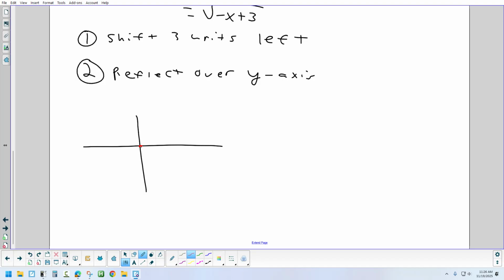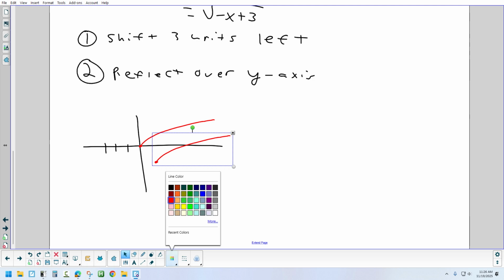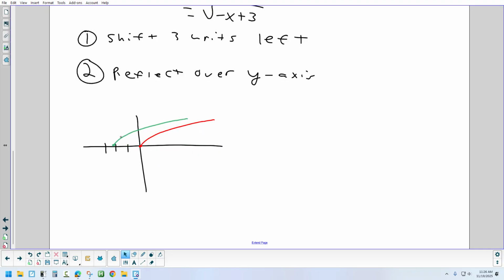So this is what a square root would look like. What's the first thing we're doing to that graph? Shifting it 3 units left. So shifting it 3 units left would make it look like that.